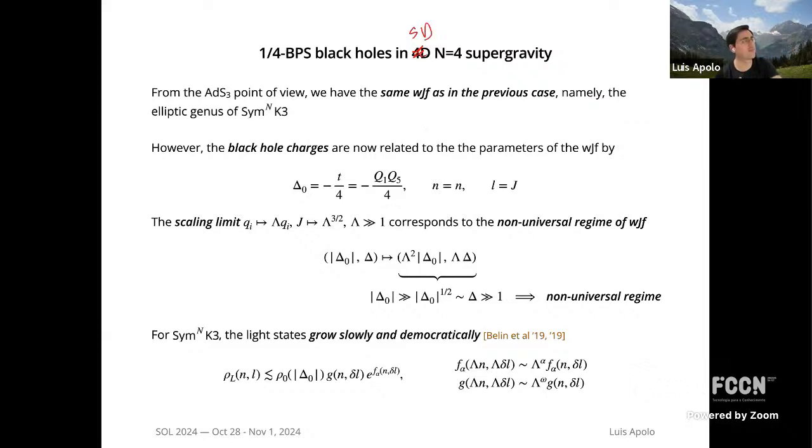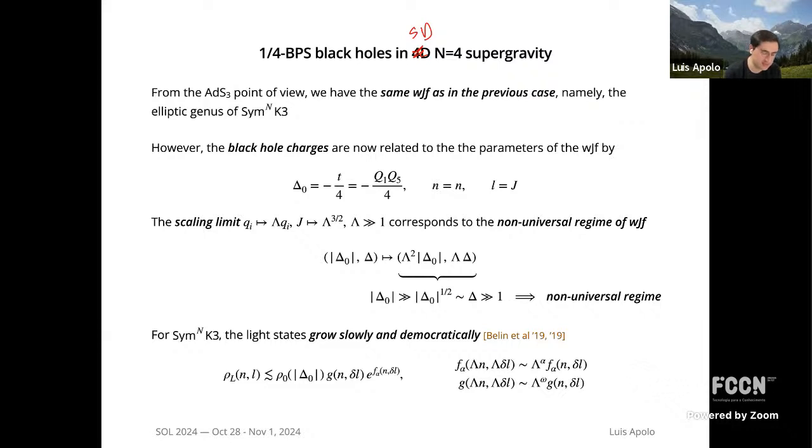What differs from the example in 4 dimensions is that the relationship between the parameters of the weak Jacobi form and the black hole have changed. So when the charges of the black hole are large, which is where the calculation of the log corrections is reliable, the variables of the weak Jacobi form are related in a different way from the previous case.